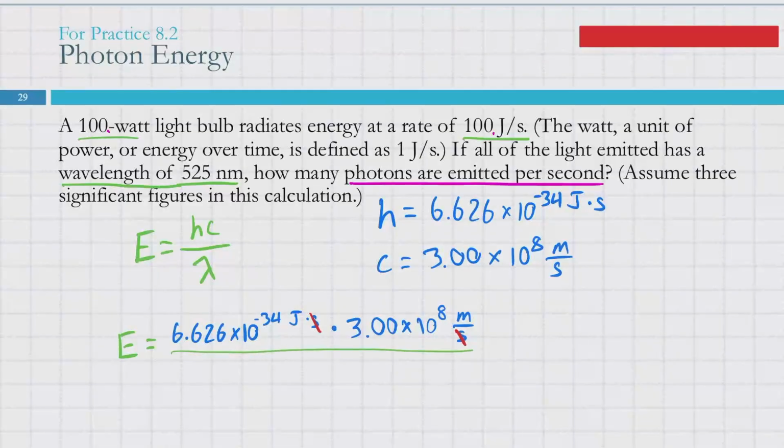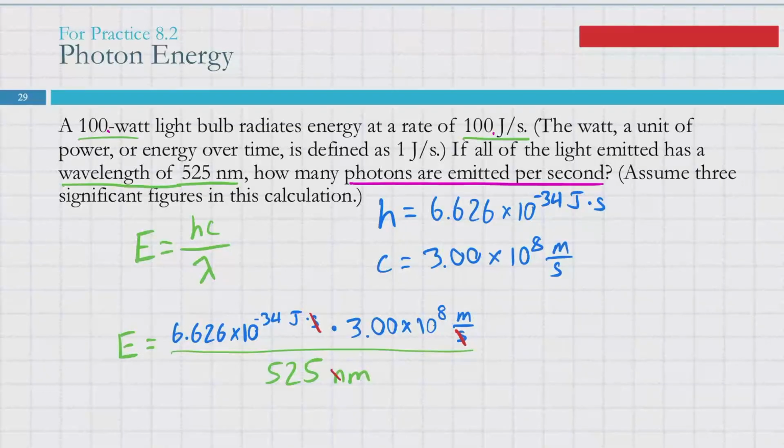And then underneath that, we've got our lambda, which is 525 nanometers. If we put in nanometers, do our units cancel out nicely? They do not. So we would have meters on top, we have nanometers on the bottom.